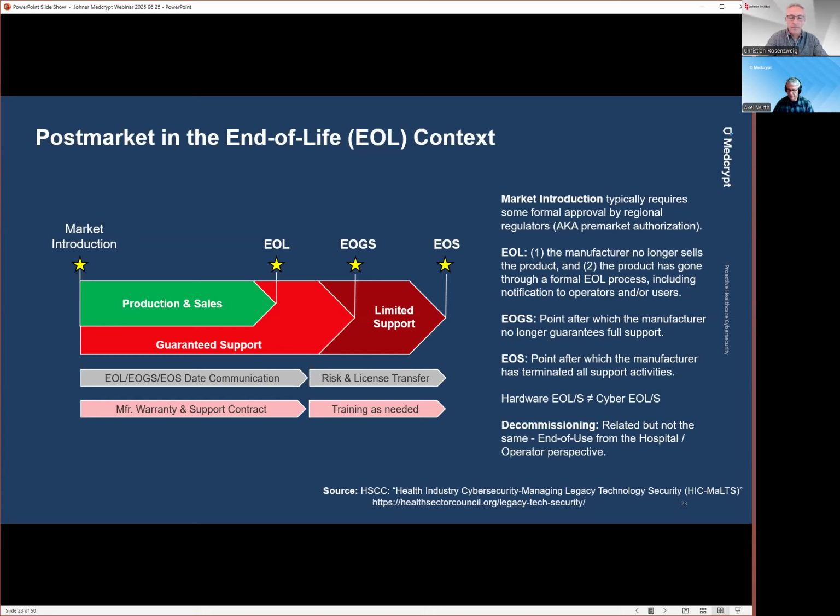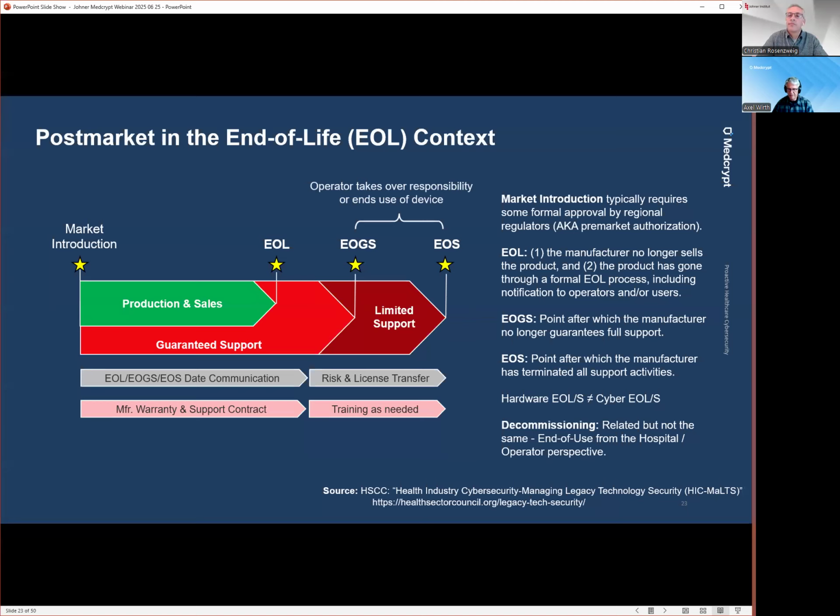End of use means that you stop using one infusion pump, but you're still going to continue to use the other 99. And end of use also requires data sanitization and decommissioning of a device in a formal process, which again is an operator responsibility, not a manufacturer responsibility, although the manufacturer should have designed the appropriate features into the device.